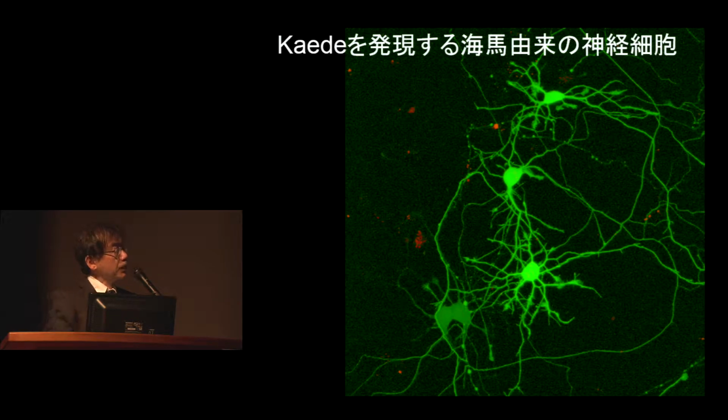And these three cultured neurons expressed kaede protein. In the beginning, everything is green, so it was very difficult to delineate individual neurons. But these two somata were illuminated by violet light for 0.5 second and 0.25 second, half a second and a quarter second.